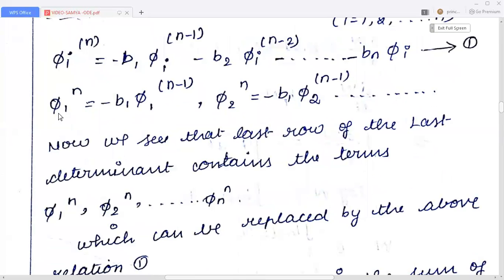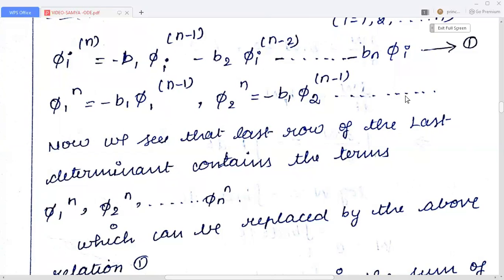Here you see pi1 power n equals minus b1 into pi1 power n minus 1. Pi2 power n is equal to minus b1 into pi2 power n minus 1. Similarly for pi3 power n. You see that the first element will be minus b1, here minus b1, here minus b1.